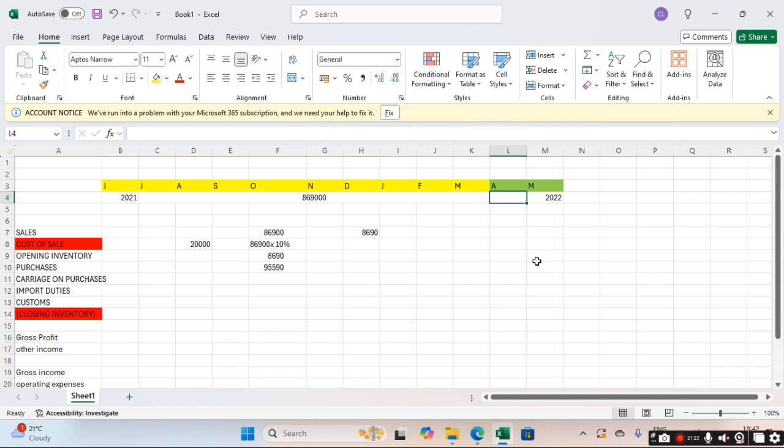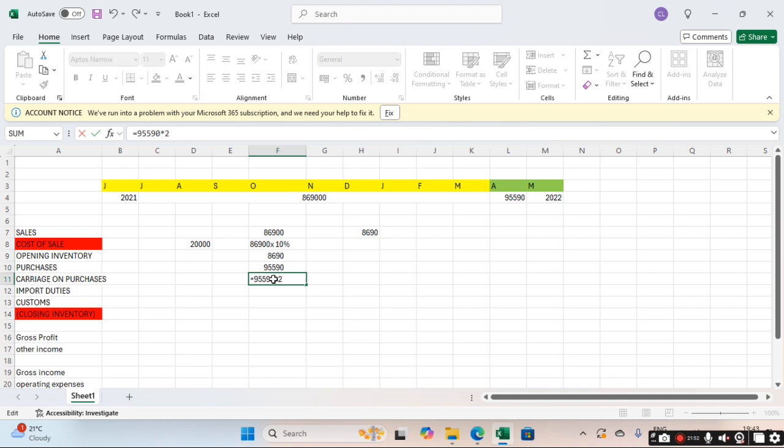So the month of April, it's supposed to be 95590. So meaning also for May, we're going to pay the same amount. So what we can simply do, we can simply say 95590 times 2 to get how much we're paying for the remaining 2 months.